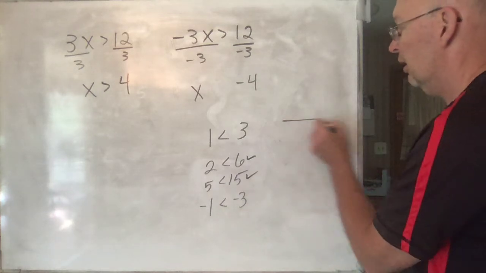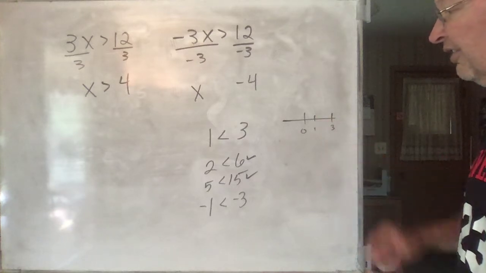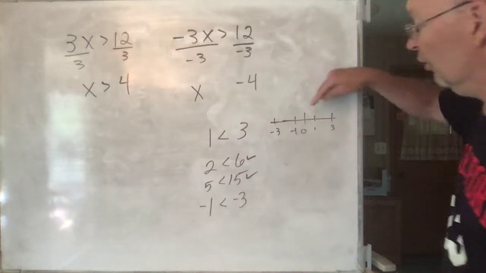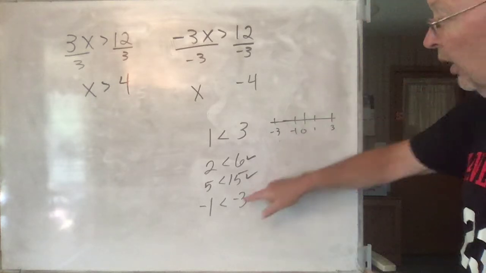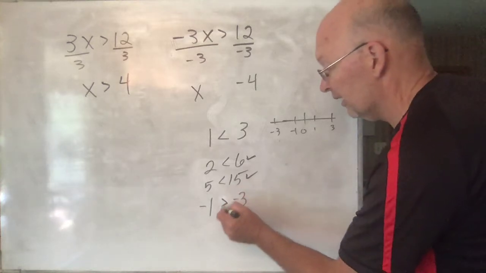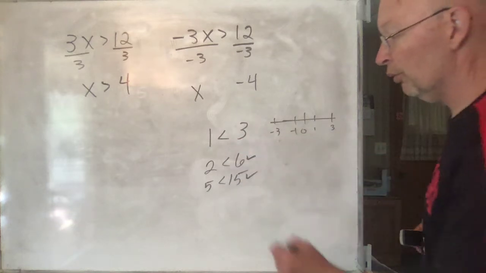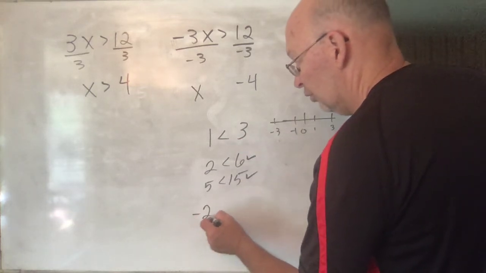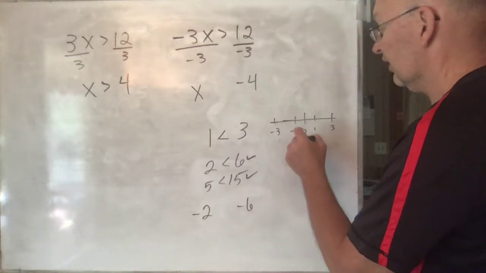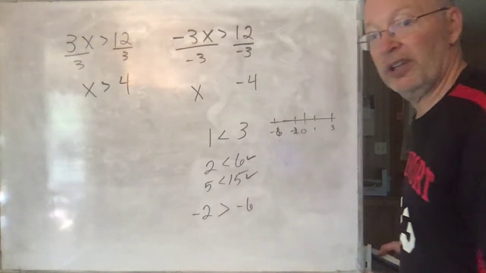Agreed? Here's 0, here's 1, here's 3. 1 is less than 3, but here's negative 1, and here's negative 3. Notice that negative 1 is bigger than negative 3. See that? Similarly, if I multiply this by negative 2, what would we get? Negative 2, negative 6. What's the relationship between negative 2 and negative 6? Negative 2 is bigger than negative 6.